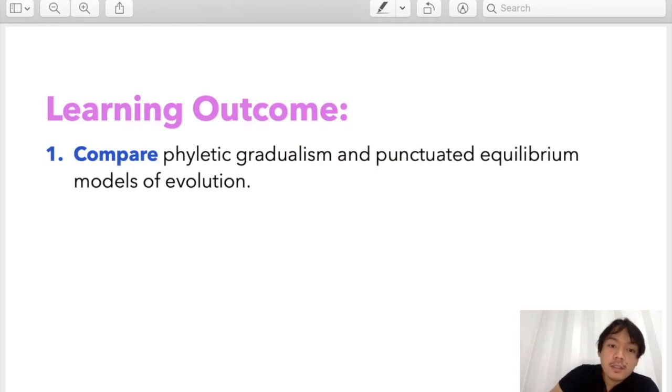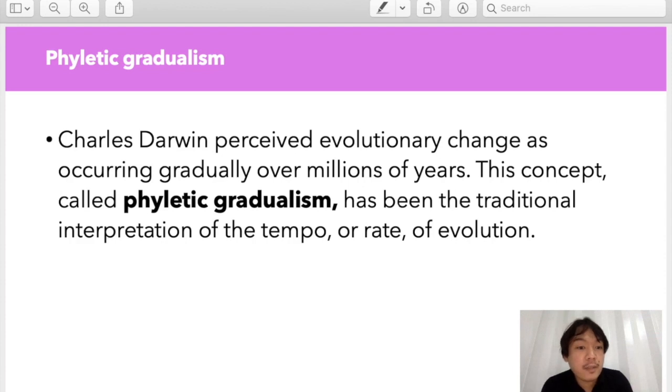So we will compare now the phyletic gradualism and punctuated equilibrium models of evolution. So, what is phyletic gradualism? Charles Darwin perceived evolutionary change as occurring gradually over millions of years. This concept, called phyletic gradualism, has been the traditional interpretation of the tempo or rate of evolution.